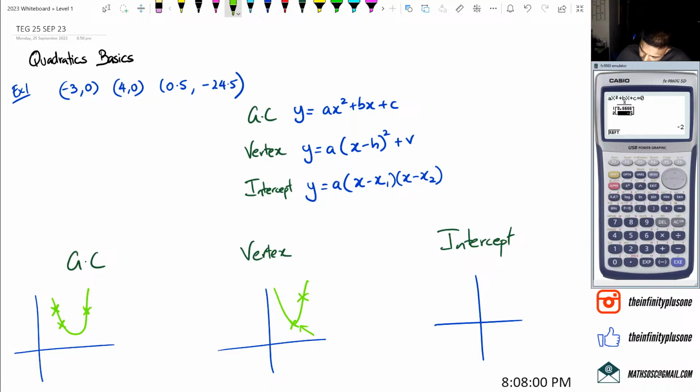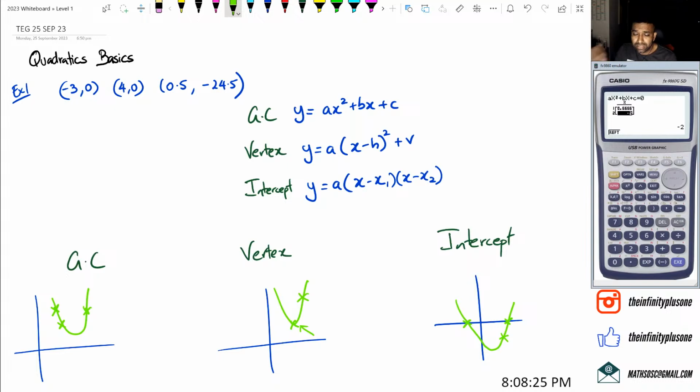Now, the intercept one is when you have something like this, where you're given those 2 intercepts, and perhaps they might give you another point. Sometimes they give you the y-intercept. If that's the case, you're better off using the intercept formula.